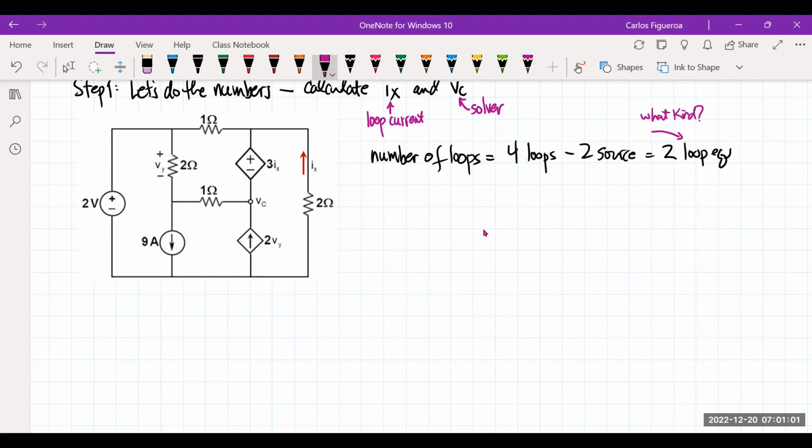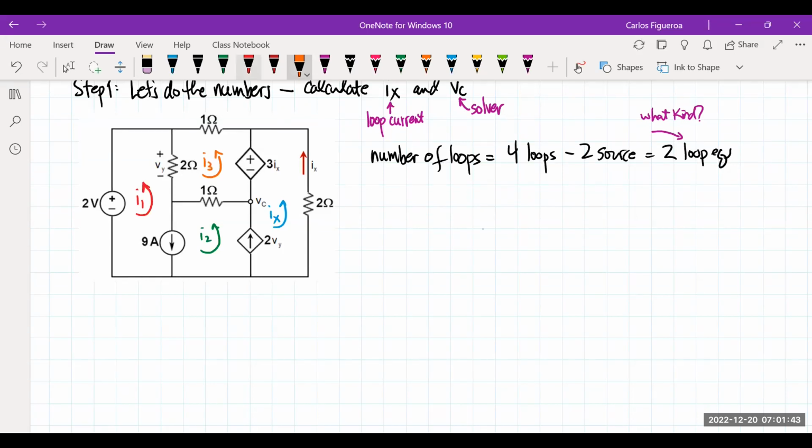Well, you can see that I have to have a super loop here. So I'm going to call this one I1, this one I2, and this guy I3. Nope, not I3, but Ix, because it's the same direction as that. Then I'm going to have a third loop here, which I will label with the current direction of this guy right here, which will be I3.